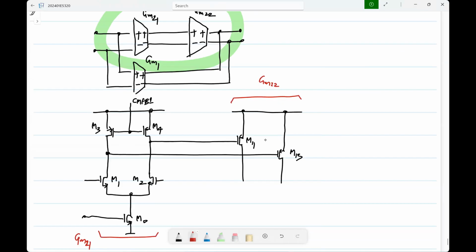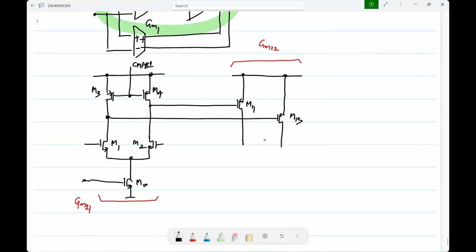Now how do we get GM1? If I complete this picture, I'll also have that. This is the positive input of the op-amp, negative input of the op-amp, and this is the positive output, the negative output.